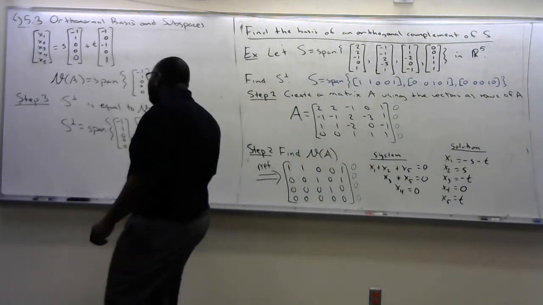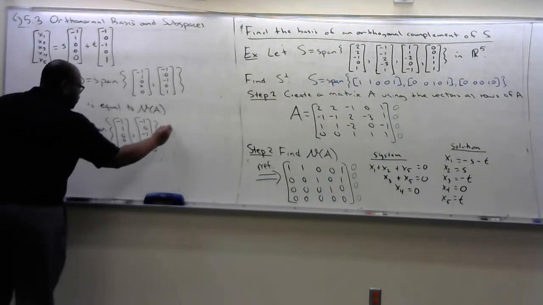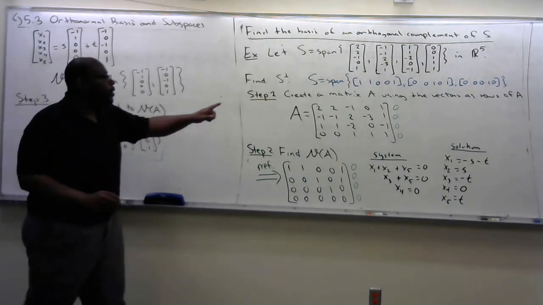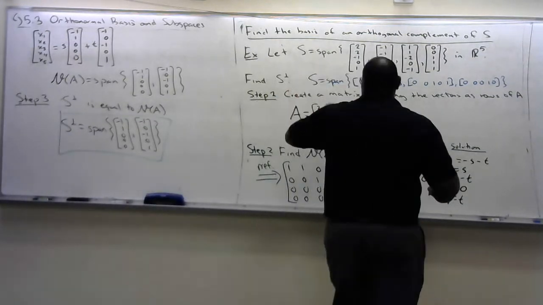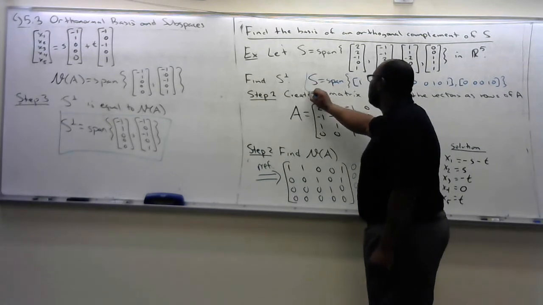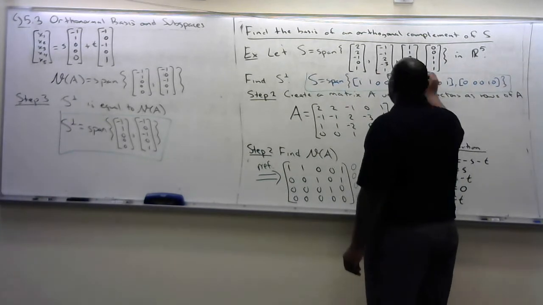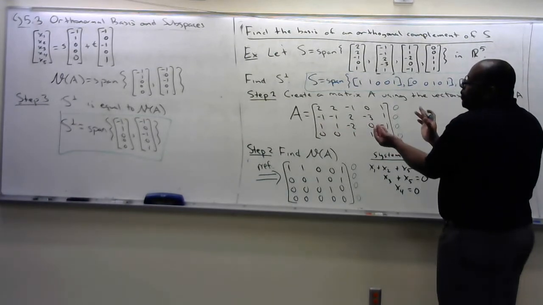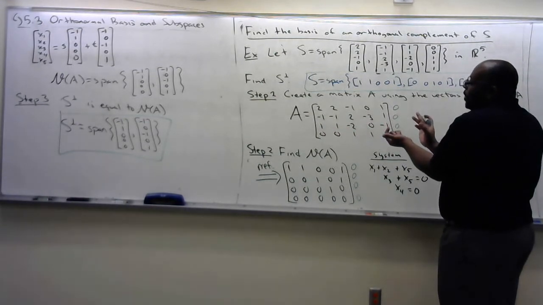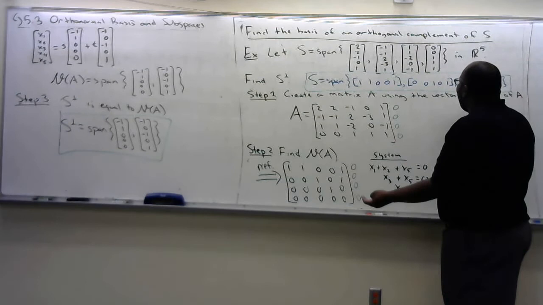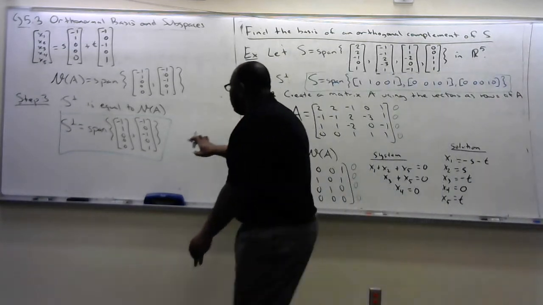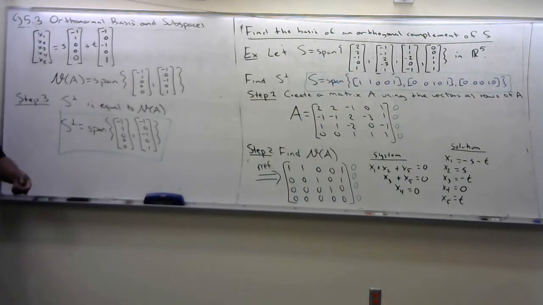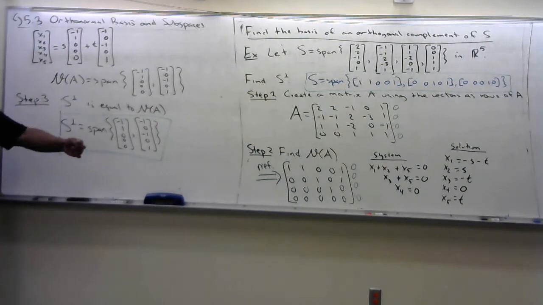So if I were to grab these vectors with this set of vectors, it doesn't matter which one of these, I like this one better, and put them together as a union of the set of vectors, 1, 2, 3, 4, 5, if I use all 5 vectors, all possible linear combinations of that would be all of R5.